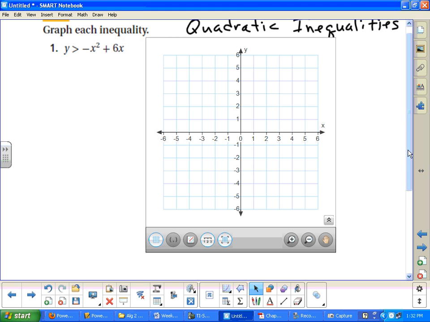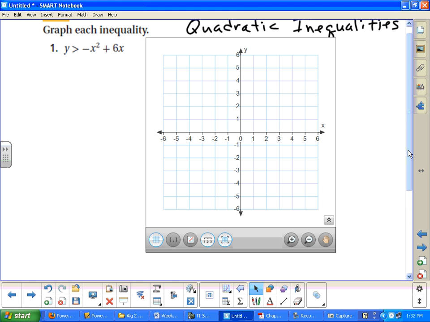So we can do a couple things with this. If you wanted, you could put it in your y equals, or you could look to see if there are zeros, but we do need to have an accurate graph. So for an accurate graph, we need to know what the y-intercept is, and we need to know what the vertex is to be able to help us to graph it.